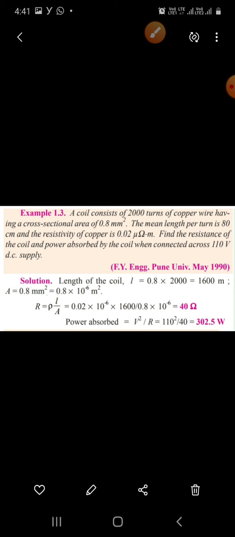So as per the question, we can write the length of the coil is what? 0.8 mm square. So here first we have to talk about the given data. The mean length per turn is given as 80 cm.